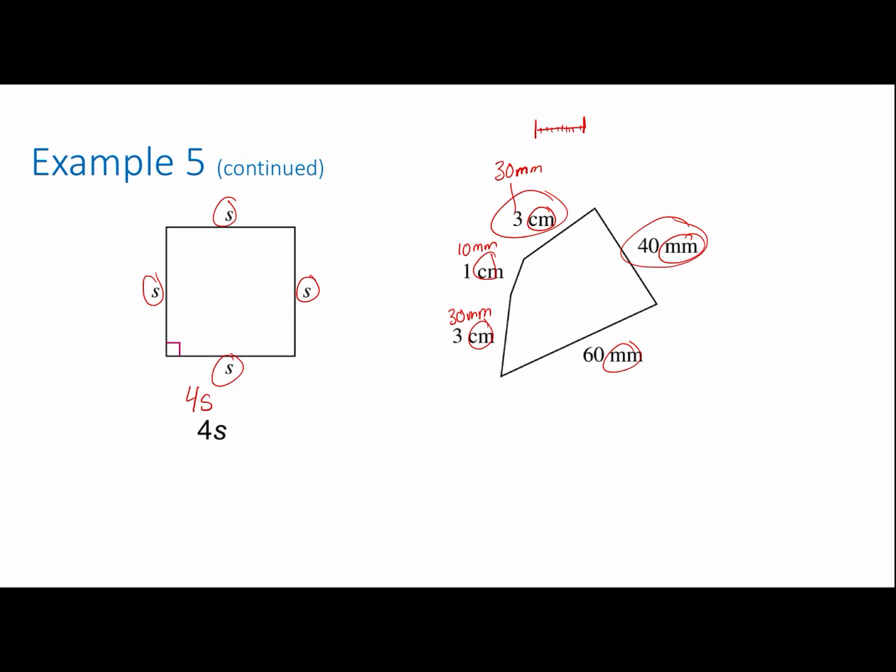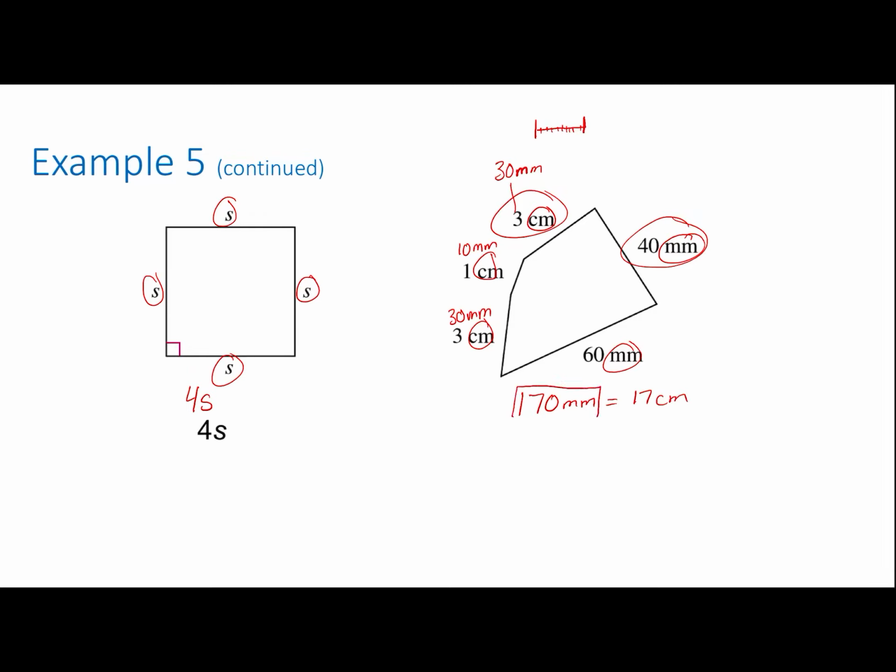And so when you add all those together, 60 plus 40 is 100, 30 plus 30 is 60, plus 10 is going to be 70, so 170 millimeters, which is the same thing as 17 centimeters.